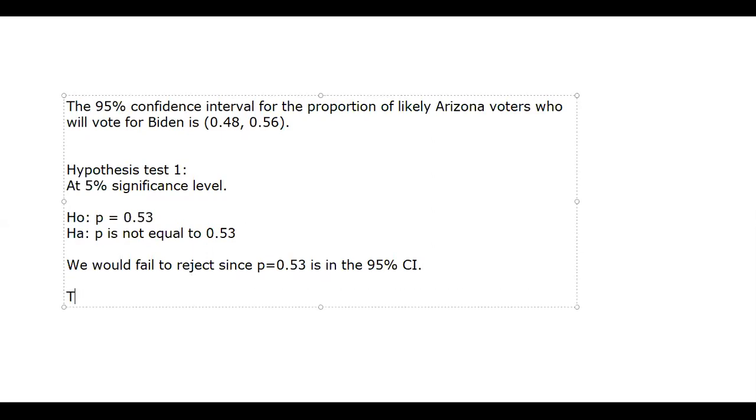And here is test 2. We'll say H naught here is still a 5% significance level, P is 0.6, and the alternative is that P is not 0.6.